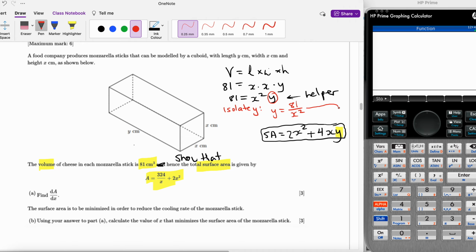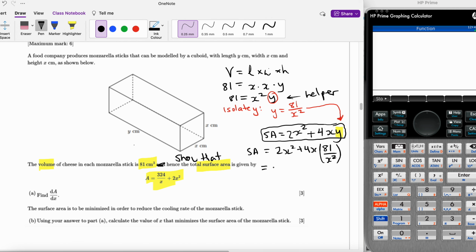How that's going to help us is we're going to substitute it into our optimization function. So what we're going to have now is 2x squared plus 4x, and then instead of y, we're going to write 81 over x squared.